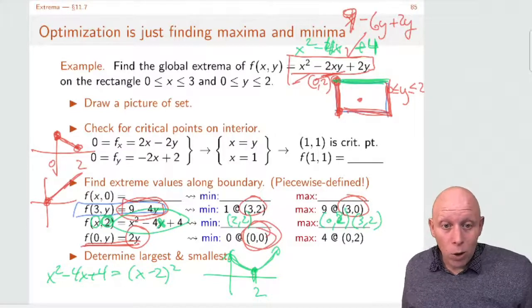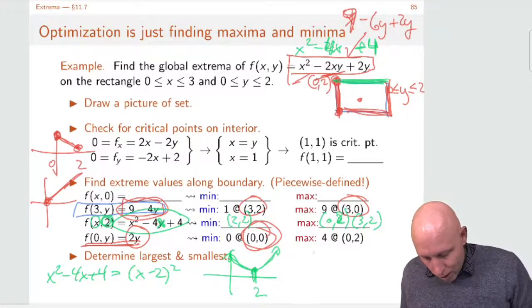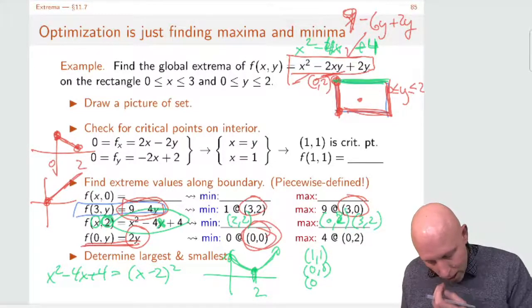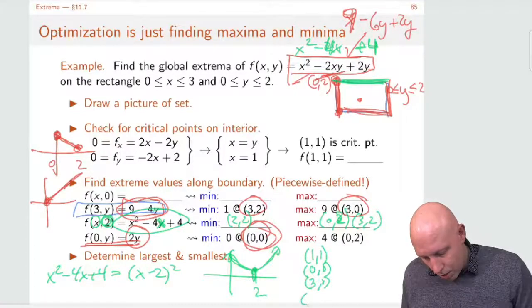So now we have a whole bunch of points. We have the point (1, 1). We have all the corners of the region: (0, 0), (3, 0), (0, 2), and (3, 2).